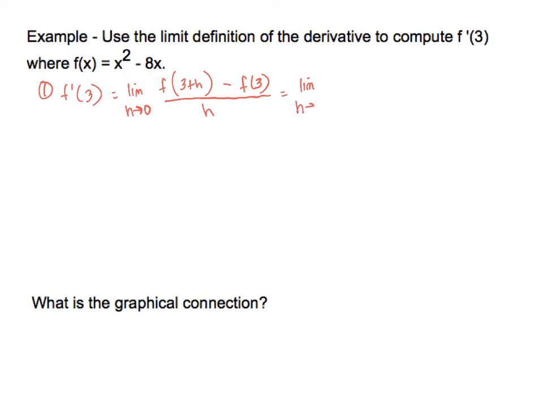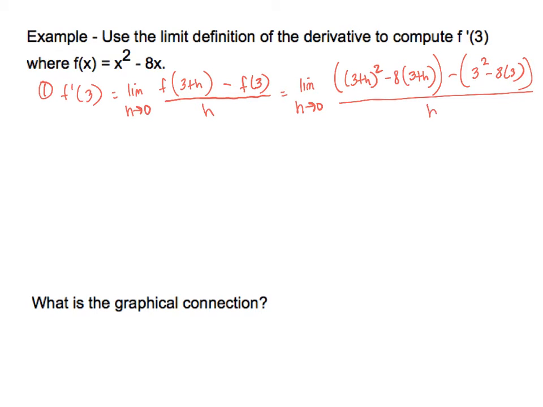Limit as h approaches 0 of the quantity (3 plus h) squared minus 8 times (3 plus h), close parentheses, minus (3 squared minus 8 times 3), all divided by h.